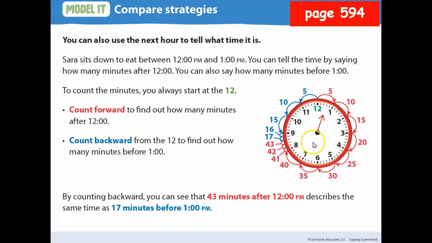So 12, and we said 43, right? Right there. That would be the time. You can tell the time by saying how many minutes after 12. Which we said how many minutes after 12?